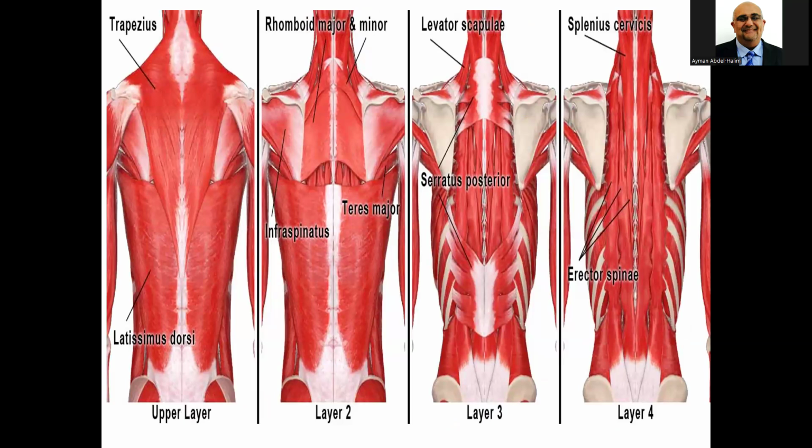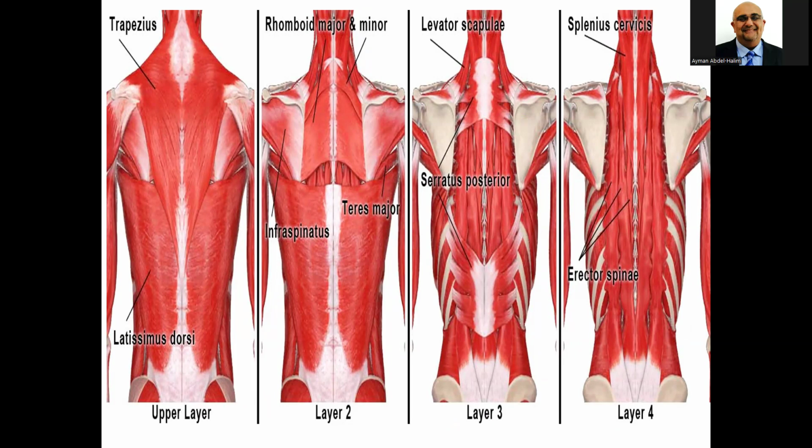The back, upper back and lower back, as you can see, it has 4 layers. And that's why the back muscles are one of the most important and strongest muscles in the body.